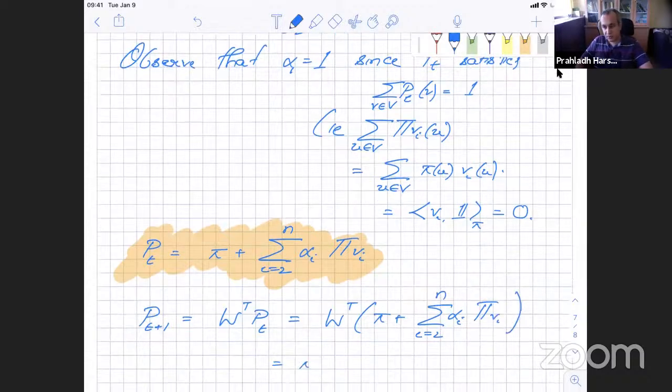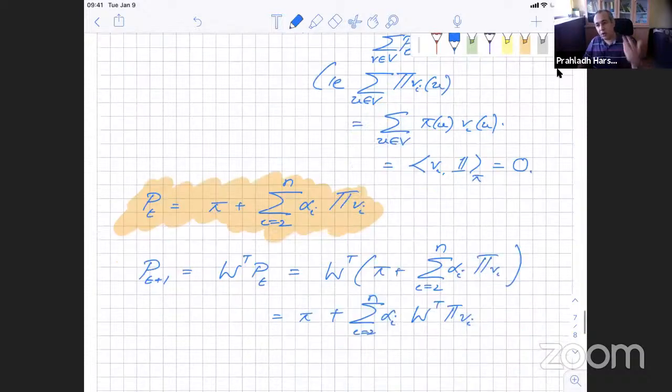W transpose pi is pi, and this is summation alpha i going from 2 to n W transpose pi vi. But we know that pi vi are the eigenvectors of W transpose. We already saw this with eigenvalue omega i's. So this is pi plus summation i equals 2 to n alpha i omega i pi vi. We have this.